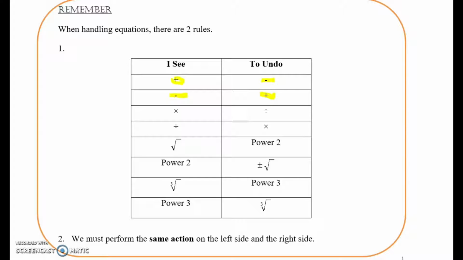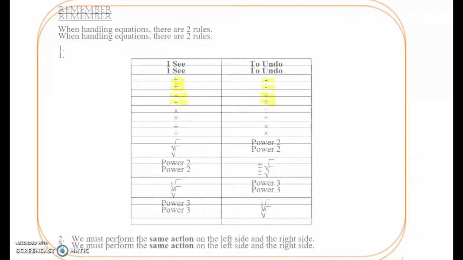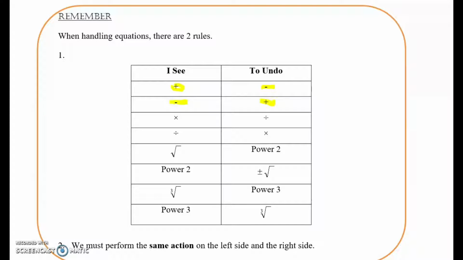Similarly, for multiplication, division, square root, power of 2, cube root, and power of 3, to undo, you need to do its opposite. For the second rule, we must perform the same action on the left-hand side and the right-hand side of the formula.